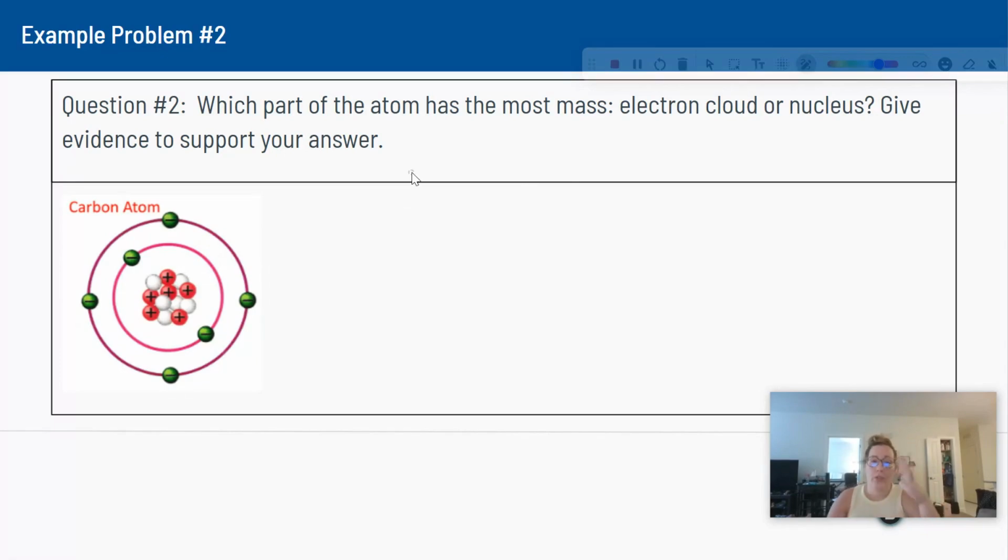Okay, so which part of the atom has the most mass? Is it the electron cloud or is it the nucleus? Give evidence to support your answer. So the answer is the nucleus. Your evidence that you could have used to support your answer is, one, you could have talked about the gold foil experiment.